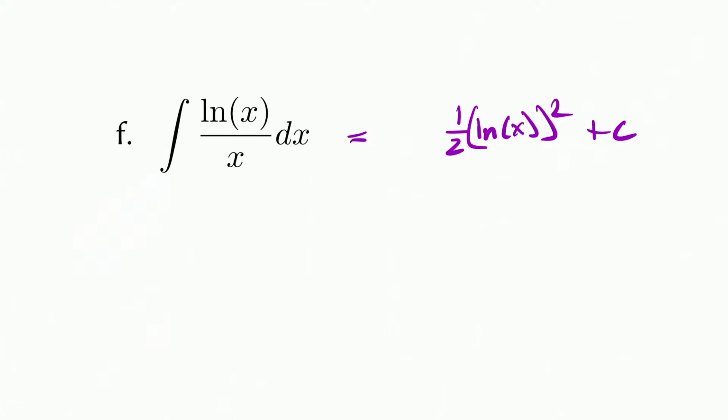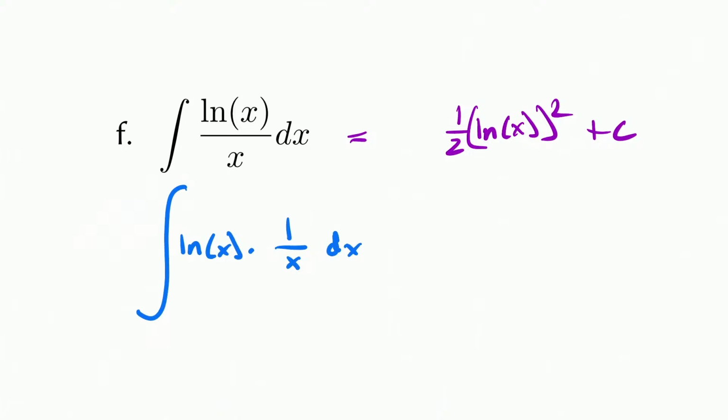Okay, so here's the next thing. Now, you might look at this and say, that looks like a product, and I think you probably could get away with using integration by parts. Here, let me show you the product. The product is this: you have natural log of x times 1 over x.